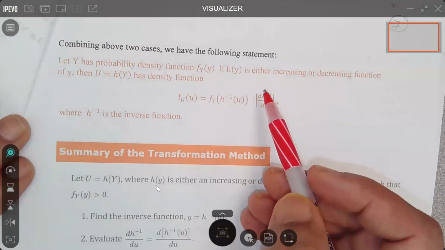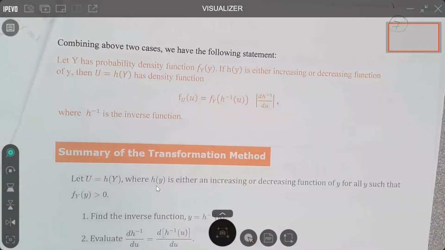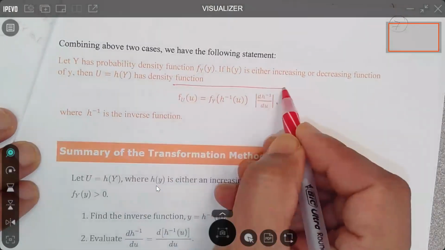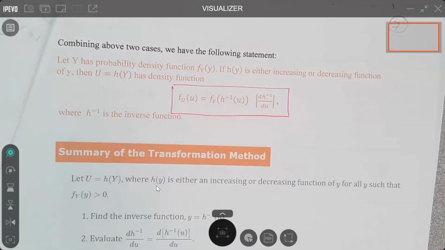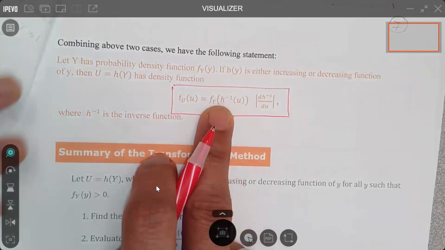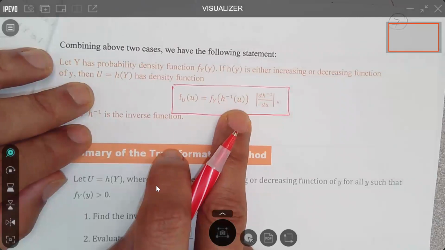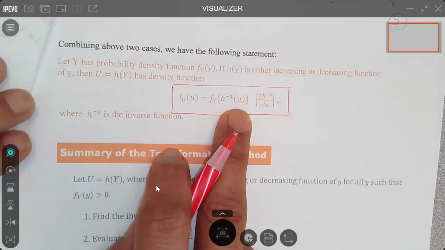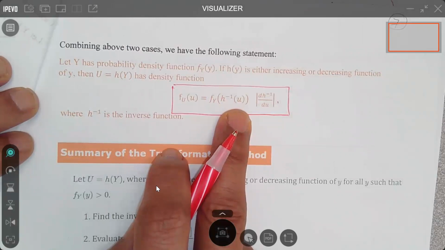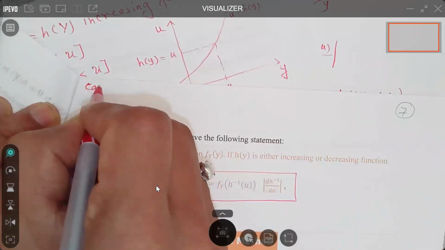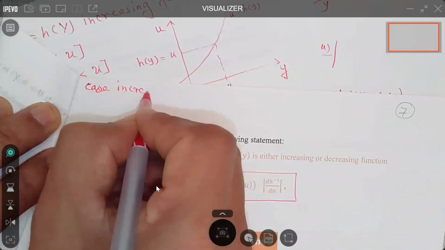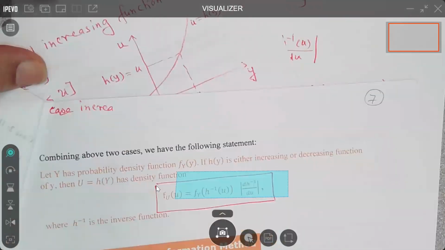Combining both gives you a single formula, the only formula that we have to use for this transformation technique. You understand what I'm saying? Now you see what it is here, for the increasing case.